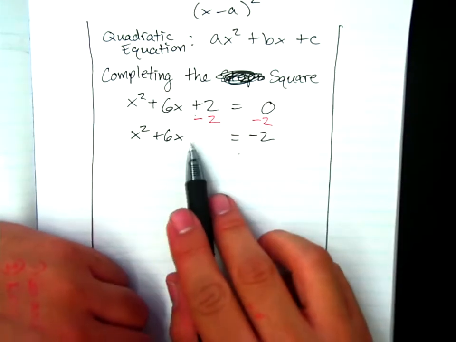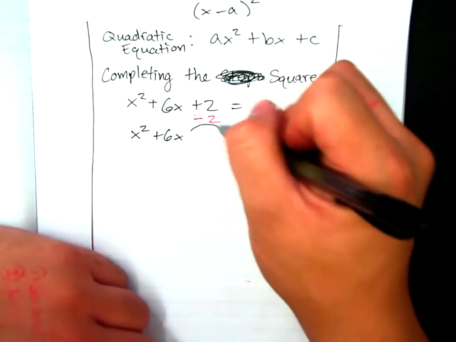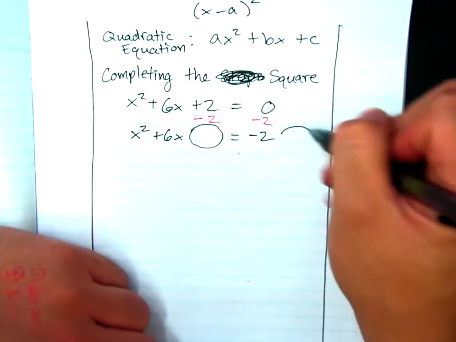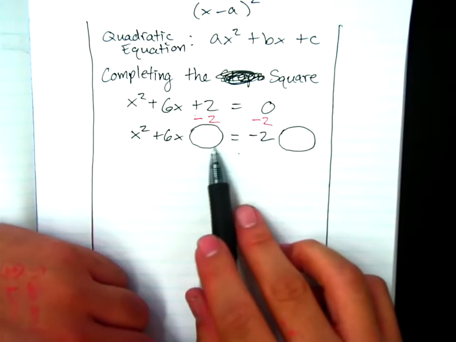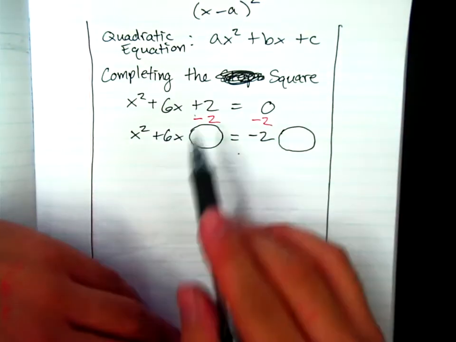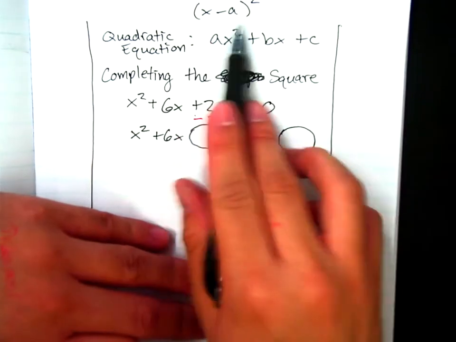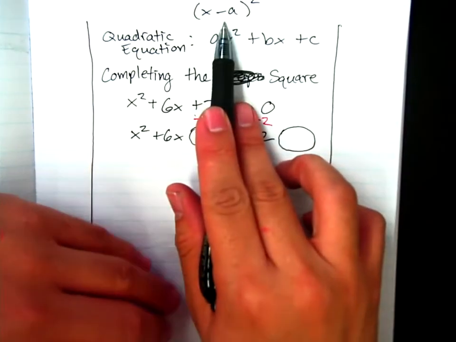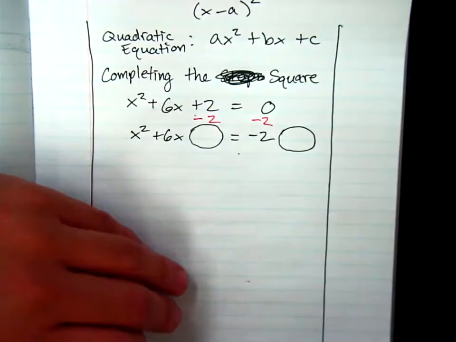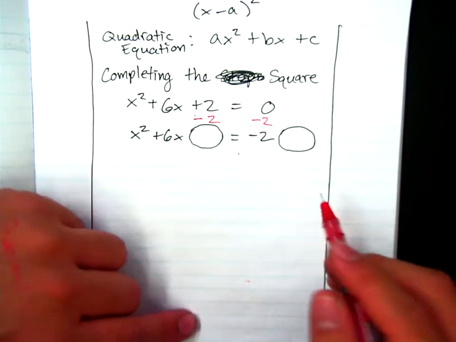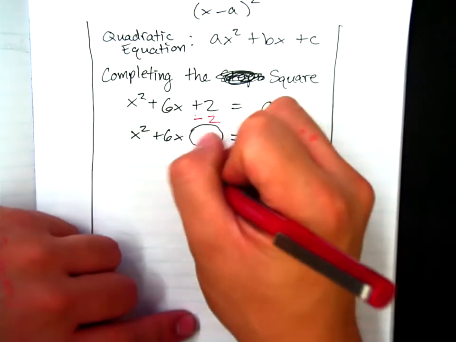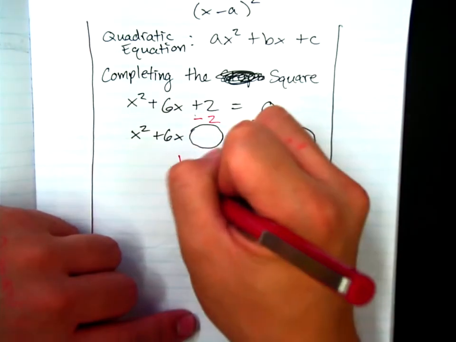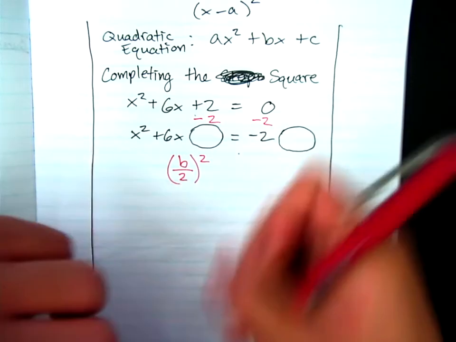Now what I need to do here is actually add a number to both sides that will help me complete the square. In other words, allow me to get some factor that's in the form of this guy, so that by the end I'll just have to take the square root of both sides. To do that, I have to use this little formula, b over 2 squared.